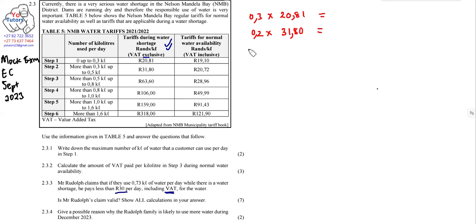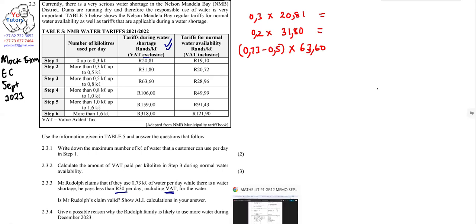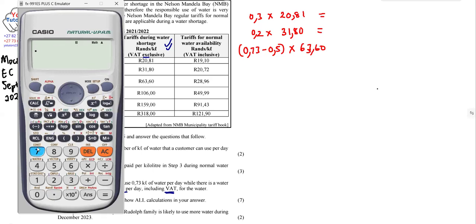So 0.73 minus 0.5, which we get 0.23, and we multiply that by 63.60.